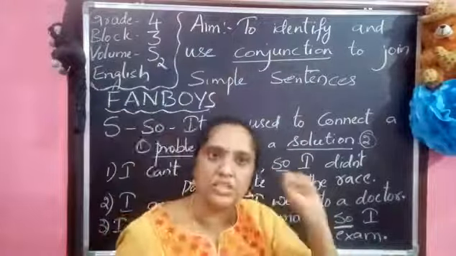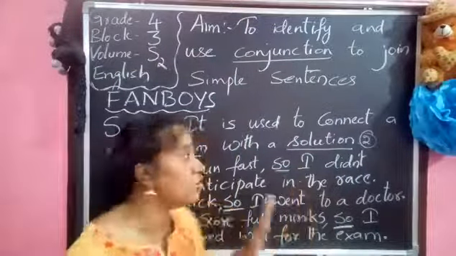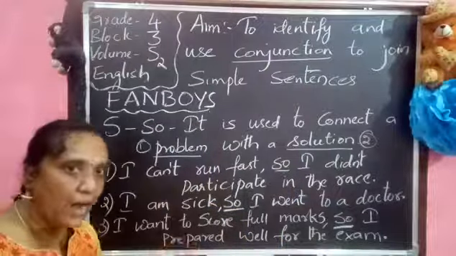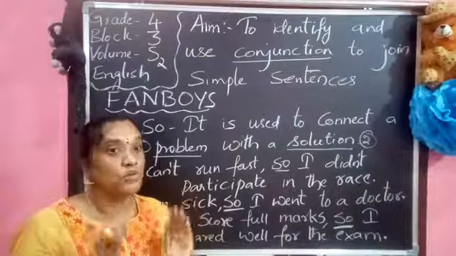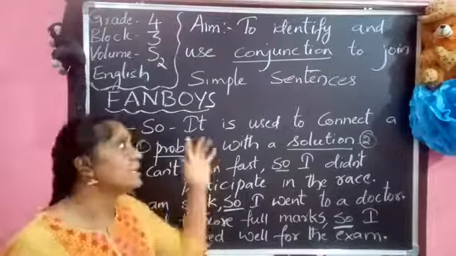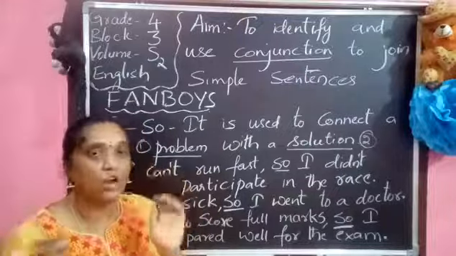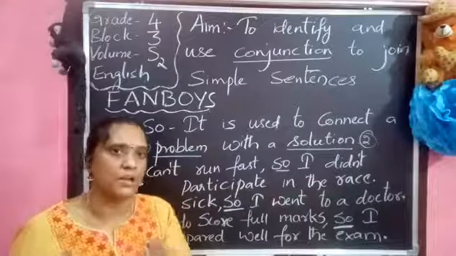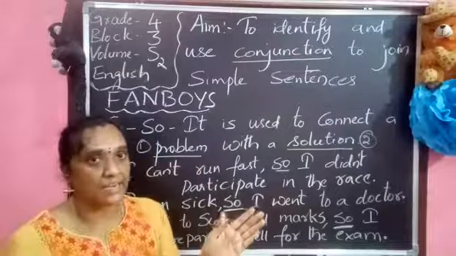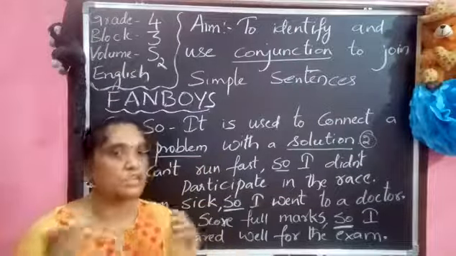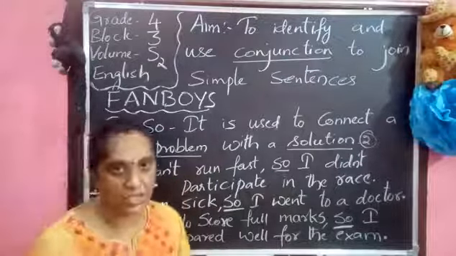So identification is also very important. You have seven conjunctions. Wherever you find these in your paragraph, in your textbook or somewhere, you must be able to find that they are conjunctions. Normally, don't think that "and" is always a conjunction. When they are joining two sentences or two words, then we say they are conjunctions.